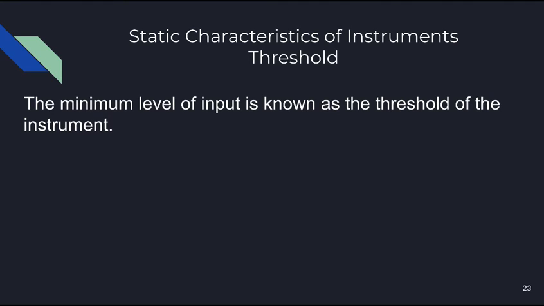If the input to an instrument is gradually increased from 0, the input will have to reach a certain minimum level before the change in the instrument's output reading is of a large enough magnitude to be detectable. This minimum level of input is known as the threshold of an instrument. Manufacturers vary in the way that they specify the threshold for instruments.